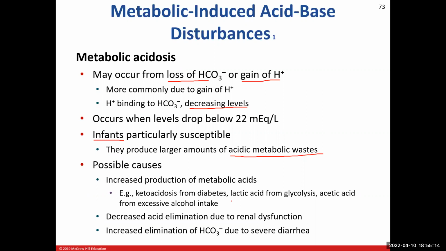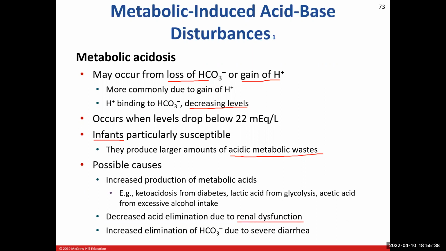So we have to be careful, because we talked about some of the issues when we're dealing with high hydrogen ion concentrations in our blood, but primarily the kidneys are going to clear those hydrogen ions. But what happens when we're dealing with kidney dysfunction?